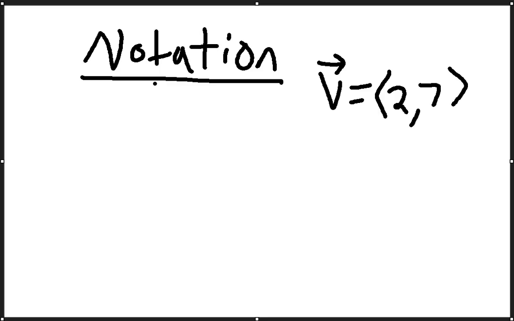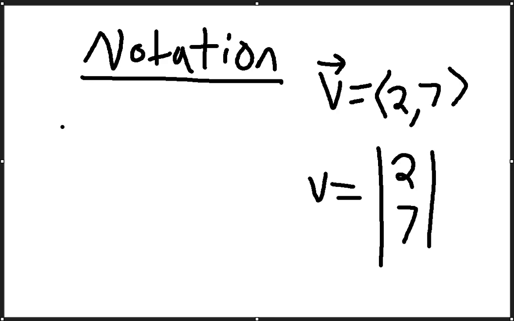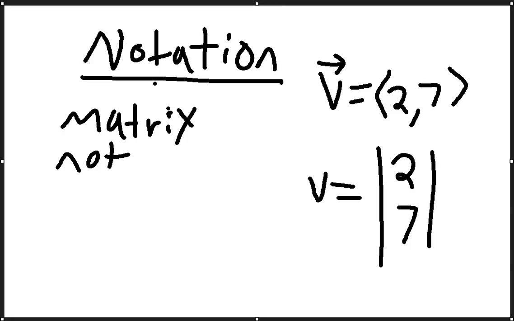But often in the future, what we will see is they're represented as columns. v is equal to a column with 2 and 7. And this is called matrix notation. And it will become very relevant in the future.